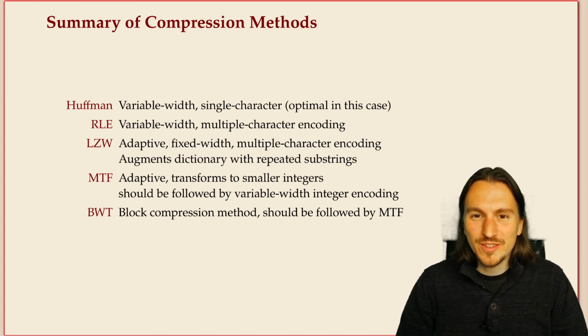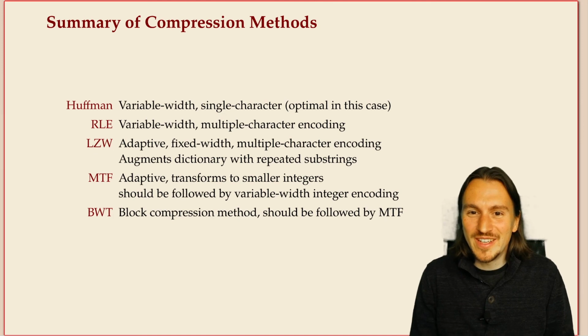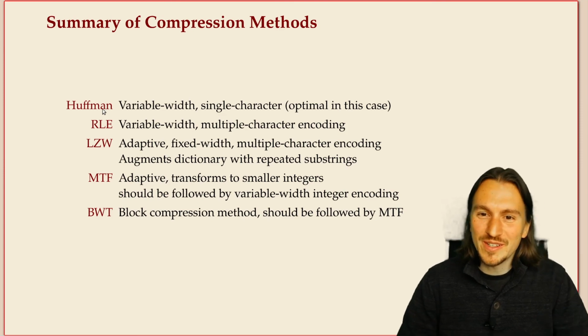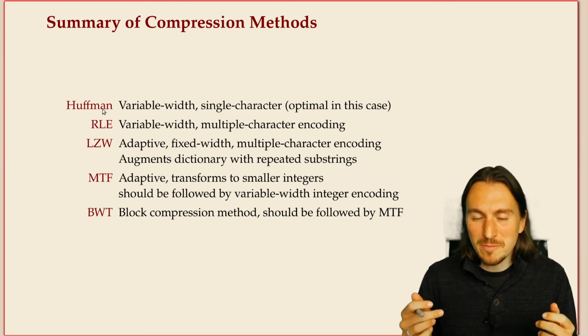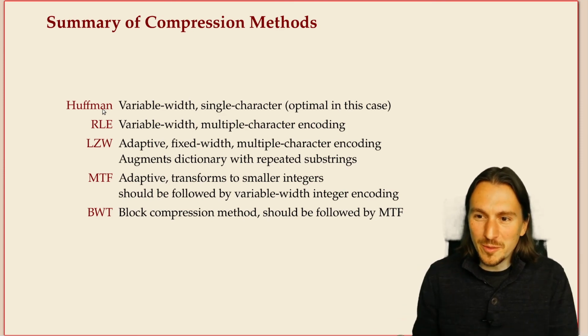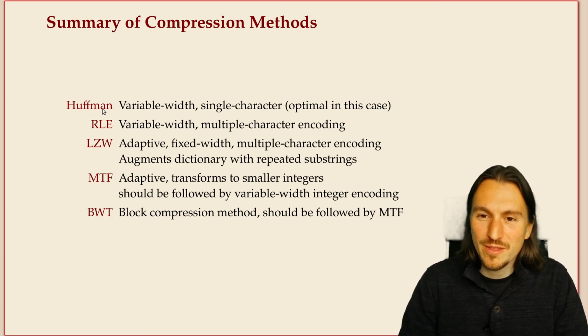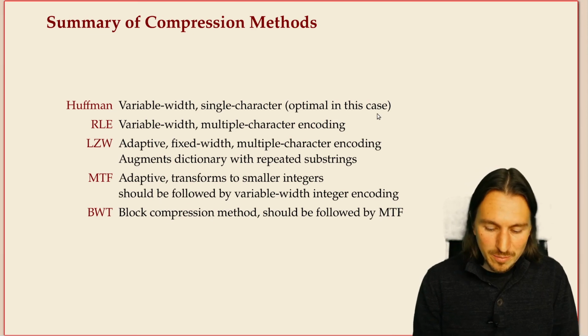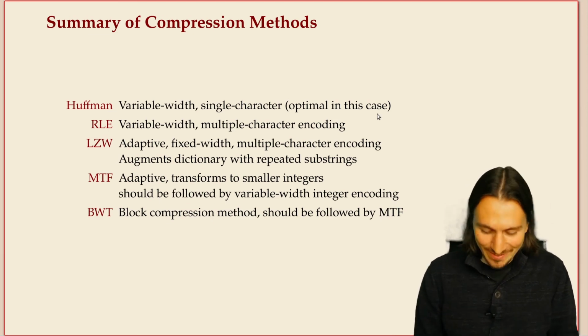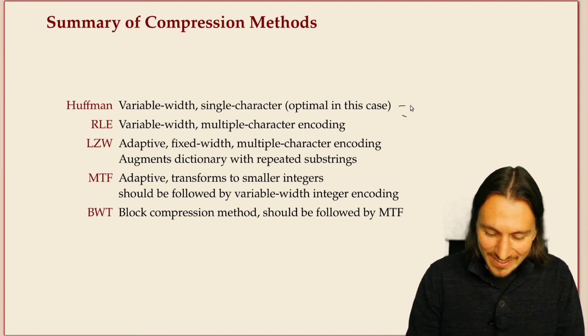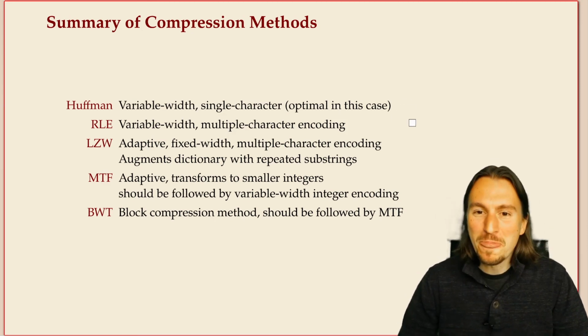And that concludes Unit 7 on compression methods. Here's again, in a nutshell, the methods that we've seen, the non-trivial ones. We have Huffman coding, which is fixed to variable: single characters are encoded using variable length code words. It's best possible in this case if you insist on encoding each character in isolation.